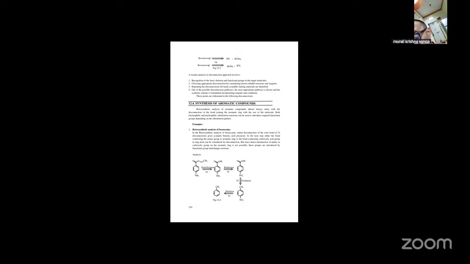This undergoes oxidation transform, then gives para-nitrotoluene. This para-nitrotoluene undergoes nitration transform, giving toluene. Synthesis of this benzocaine involves toluene.